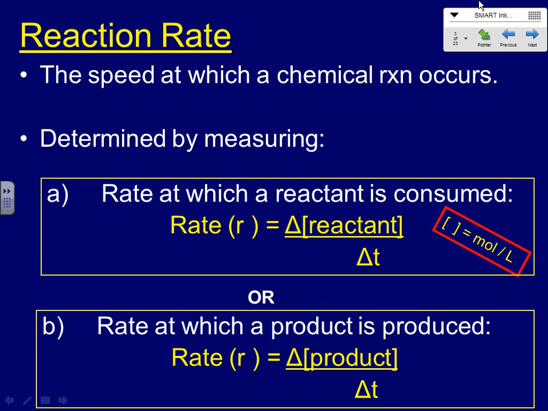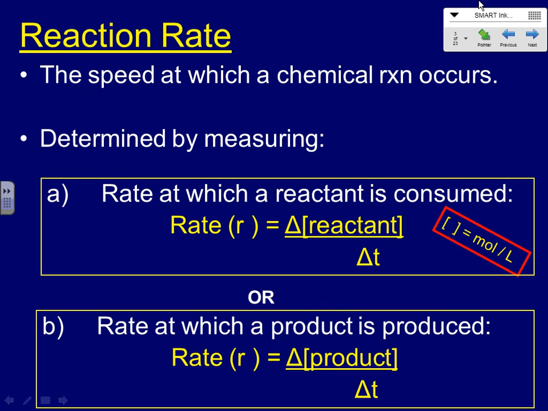So the rate of a reaction, the rate at which a reactant is consumed, is the change in concentration of the reactant as it goes down with respect to time, all right? But we can also think of it as the rate at which a product is produced. You don't have to look at the reactants disappearing. You could also look at the products being produced. The rate at which a product is produced is the change in concentration of the product as it grows with respect to time.